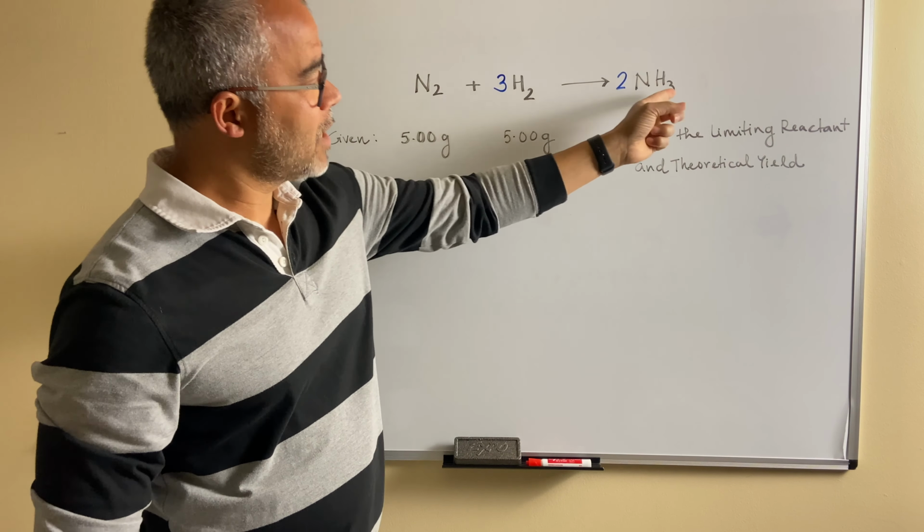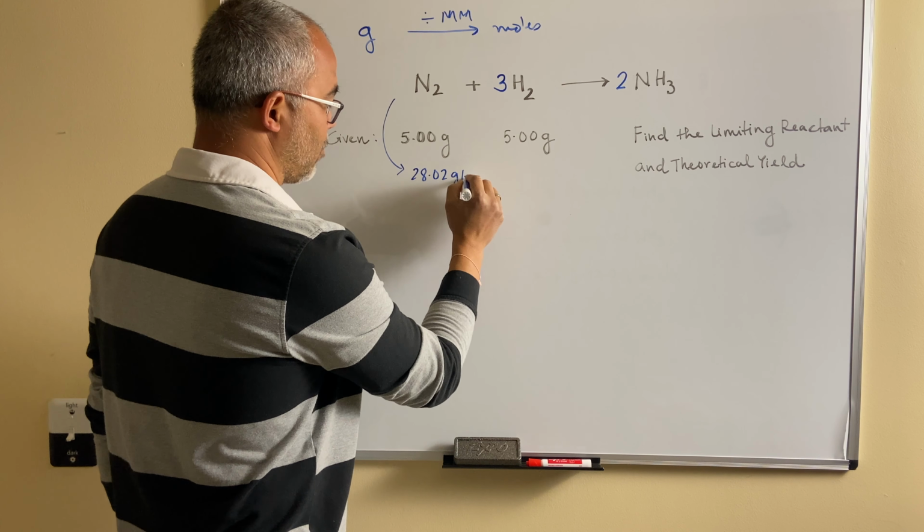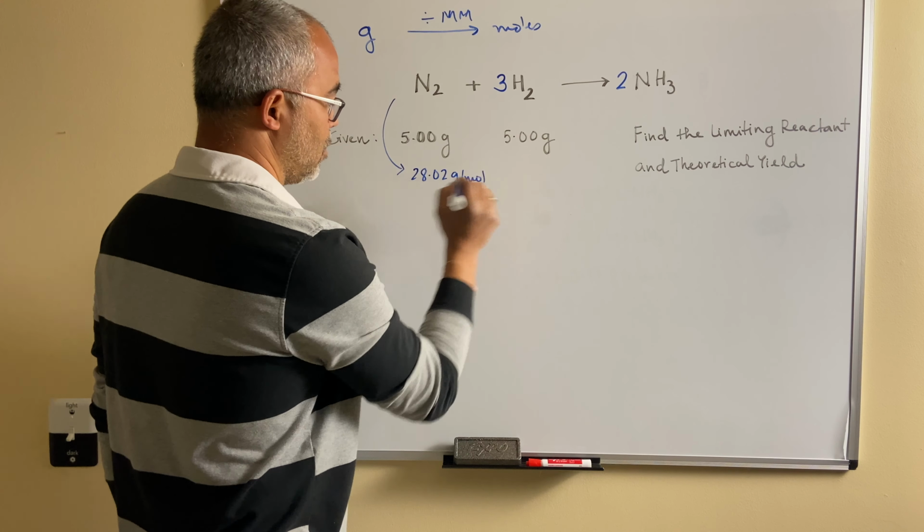To go from grams to moles, we have to divide by the molar mass, which means we need to find the molar mass. So to find the molar mass, we're going to look at the periodic table. And if you actually look at the periodic table and calculate it, for nitrogen, N2, that is 28.02 grams per mole.